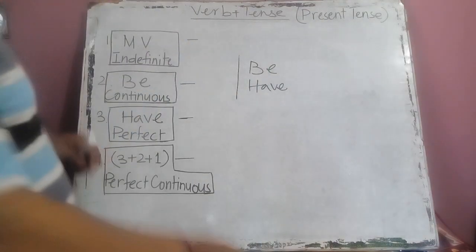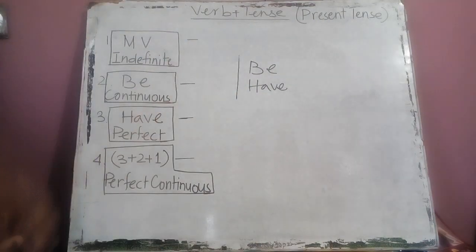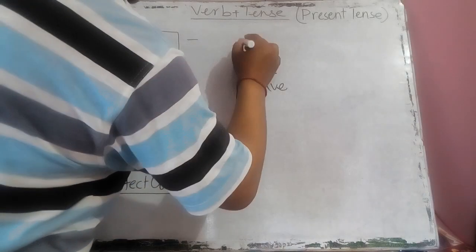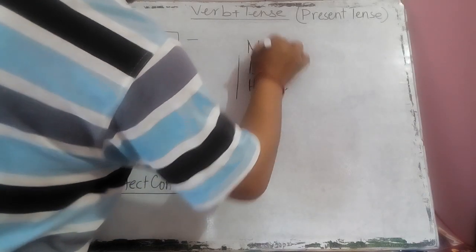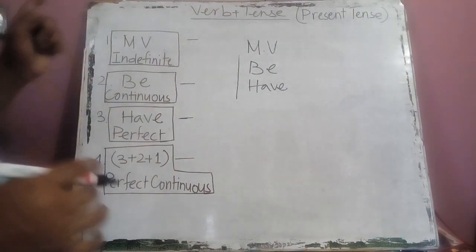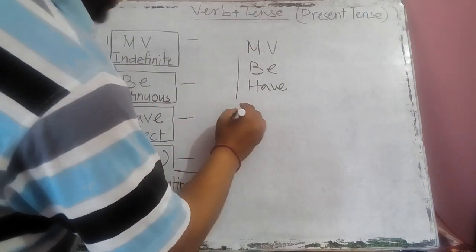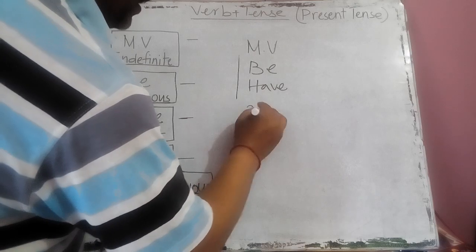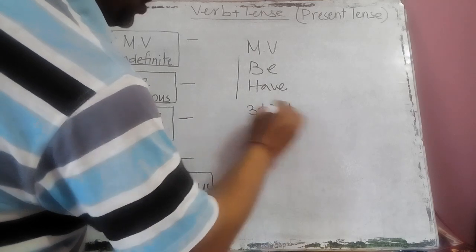In place of these two, I'm going to use something else. Here I'm going to use MV, which is main verb. And the last one to be used here is 3 plus 2 plus 1.